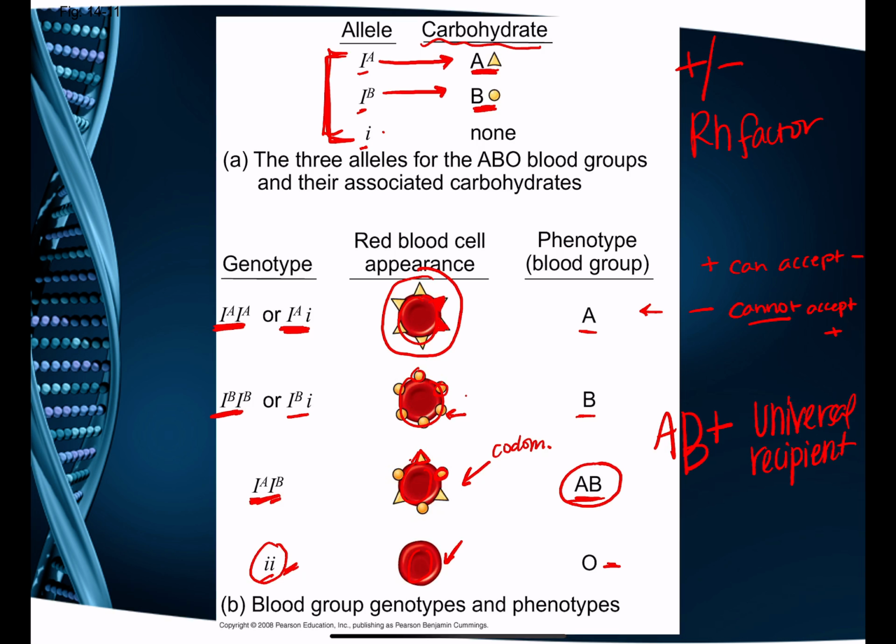Which one would be the universal donor? Who can give blood to anybody? What type of blood can anybody take? Because it has the fewest surface antigens, O negative is the universal donor.